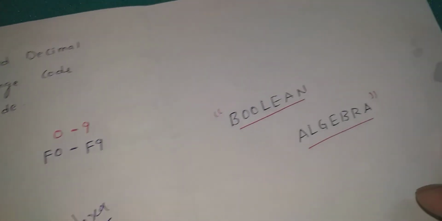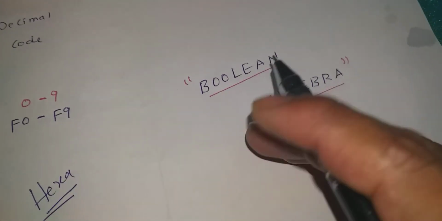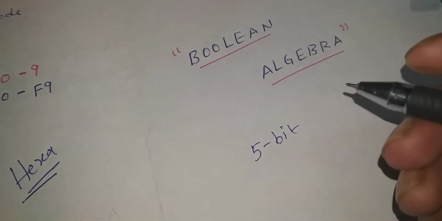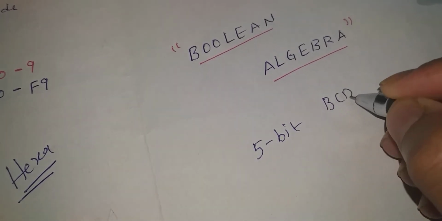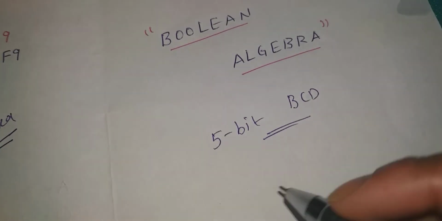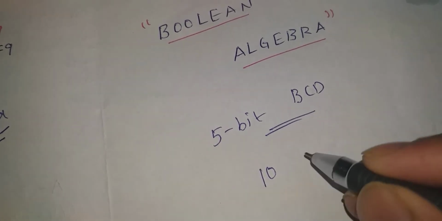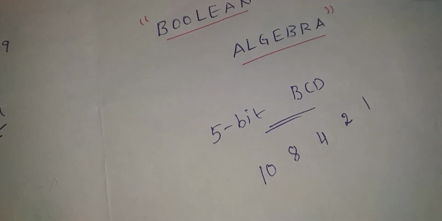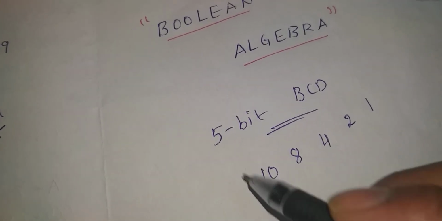And I forgot to tell the 5-bit BCD code. The 5-bit BCD code means simply you have to remember this code: 10 8 4 2 1. Is it clear? This is the 5-bit BCD code.